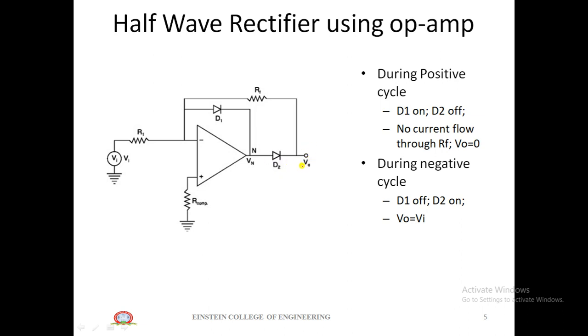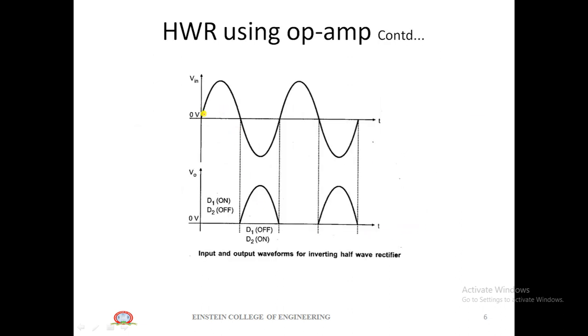So there will be an output voltage, that is V0 is equal to Vi. From this we can rectify the negative cycle. So during the positive cycle there won't be any output voltage, and during the negative cycle it is rectified at the output side.